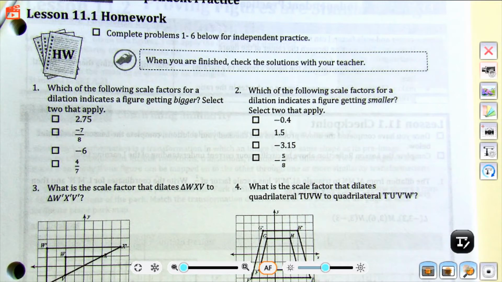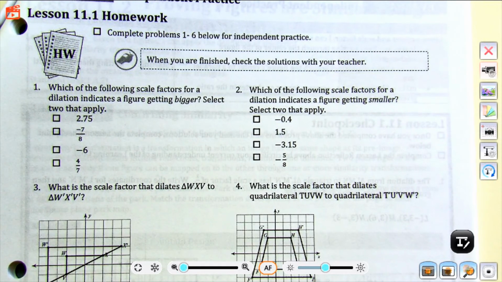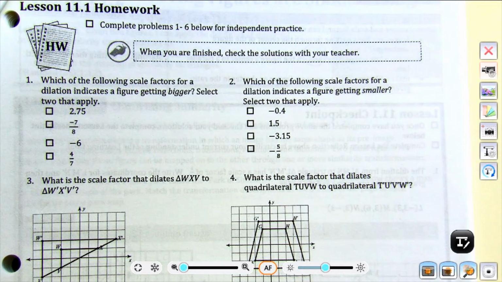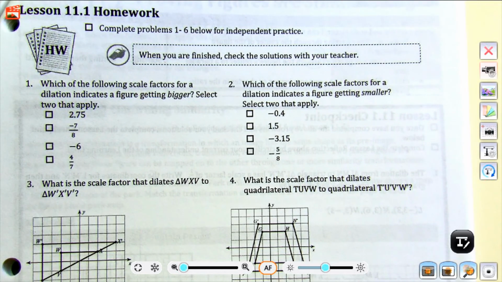But let's look at problem number 6, because that one looks a little bit different. Let me zoom into that one.